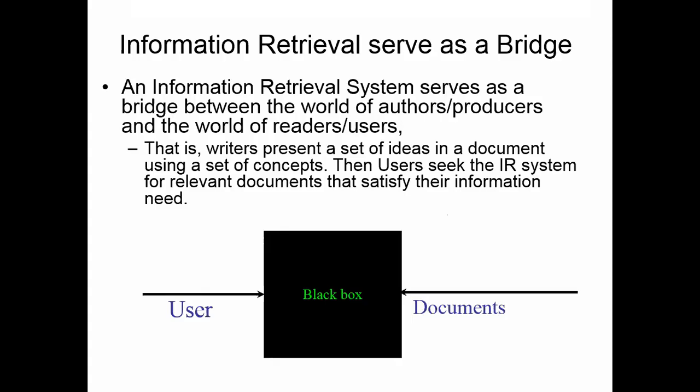But distance is one constraint, time is another constraint, and language is a further constraint. As a result, we have to have an information retrieval system that can simplify the way the authors bring whatever documents they have: textual, image, video, or audio documents.